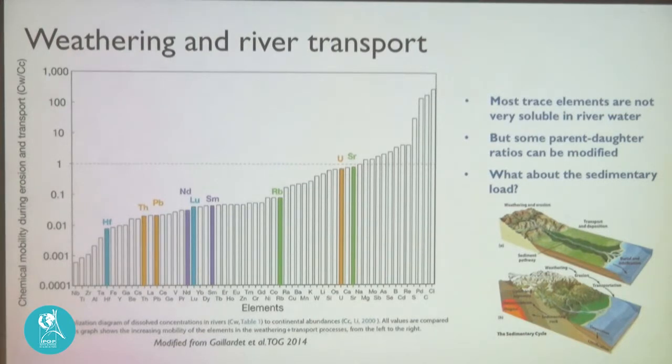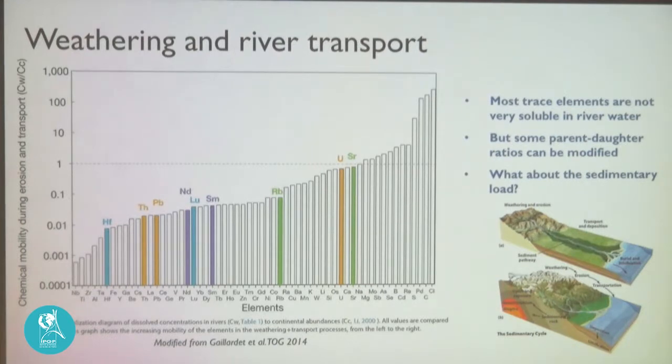So if we lose a lot of uranium, then it will have an effect on the lead isotopic composition because of the decay constant. Similarly, rubidium is a lot less mobile than strontium, so it has an effect on the parent-daughter ratio.